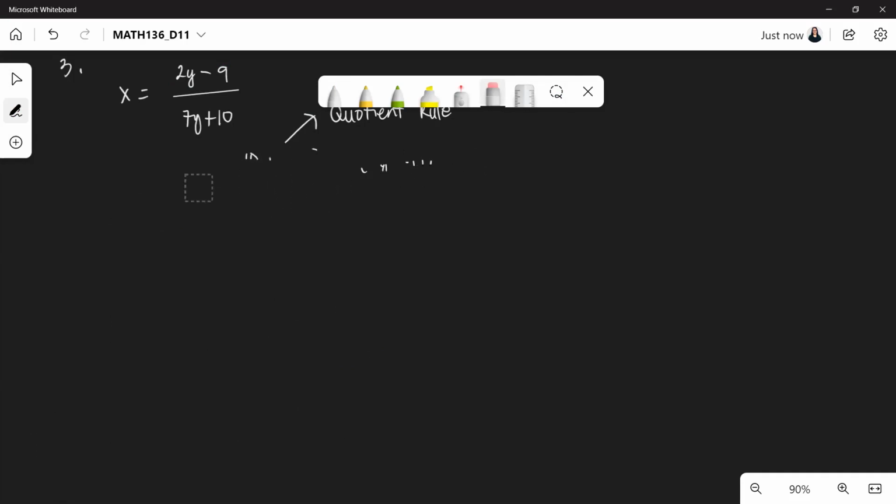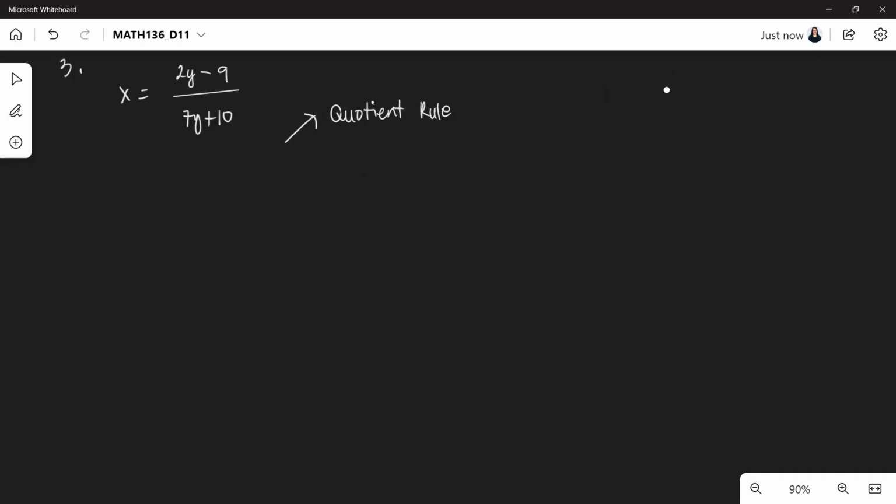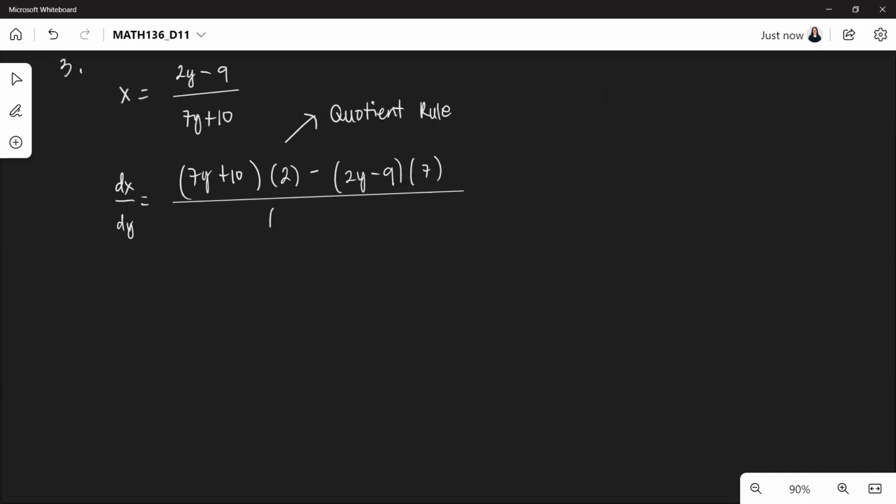Okay. So again, using the quotient rule, let me repeat. The derivative of x with respect to y is: you copy the denominator, multiply it with the derivative of 2y minus 9, or that's 2, minus copy the numerator, and then multiply it with the derivative of 7y plus 10, or that's 7, and then all over the square of 7y plus 10.